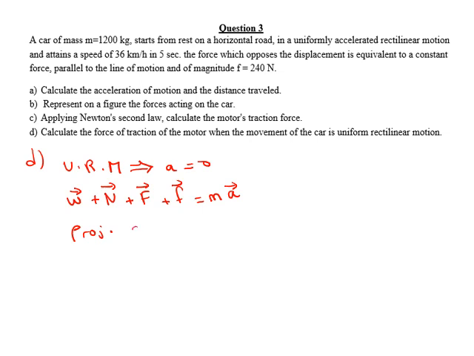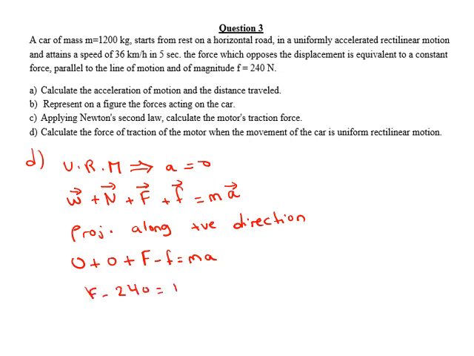Projection along the positive direction, then 0 plus 0 plus F minus f equals ma. F minus 240 equals 1200 times 0, then F equals 200 Newton.